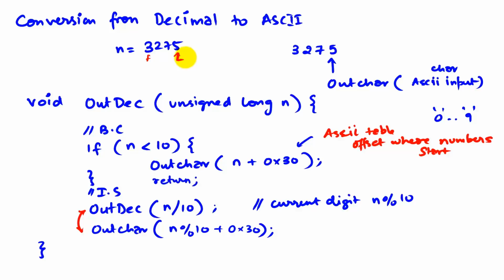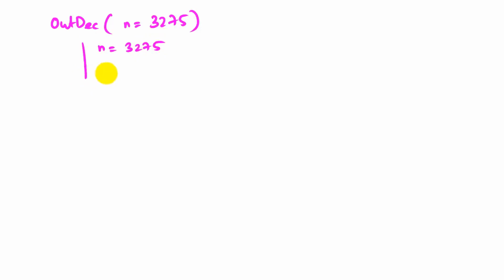Okay, so I would urge all of you to work out the activation tree, and if you pause here and do that and come back, take a look at what the activation tree looks like that we are going to show you. So I start with my outdeck being called with the number n, which is 3275. So this is the inductive step.